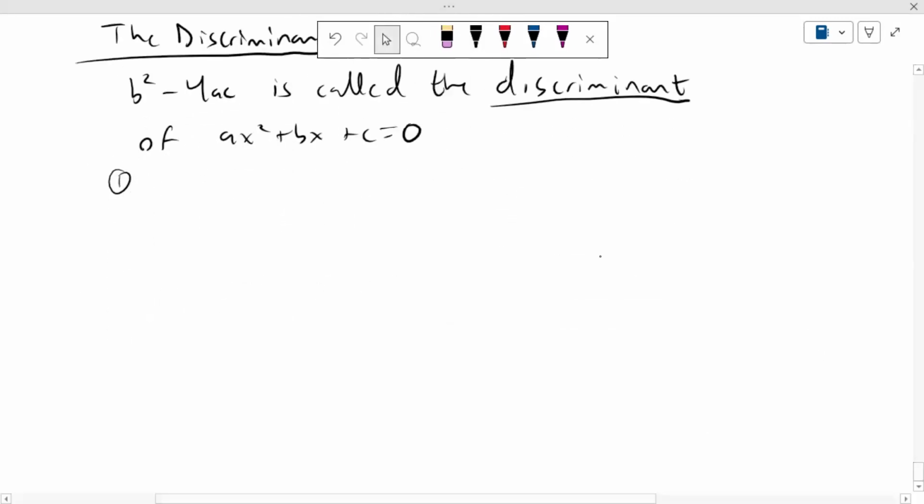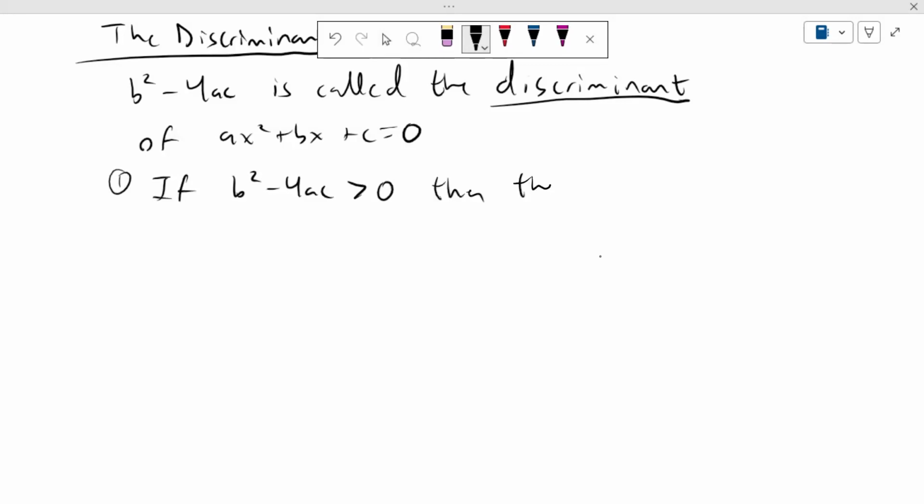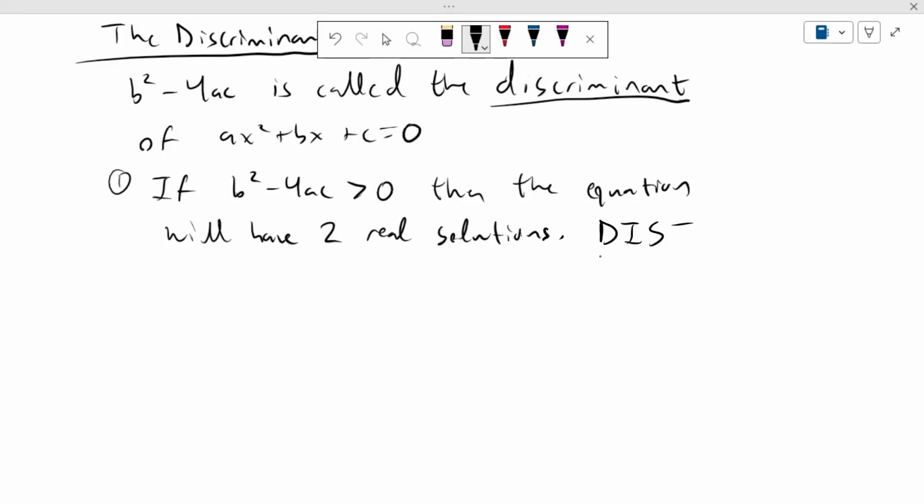So if b squared minus 4ac is greater than 0, then the quadratic equation will have two real solutions. And I mean two distinct real solutions, right? Two distinct real solutions there. Right, so I'll write distinct right here.